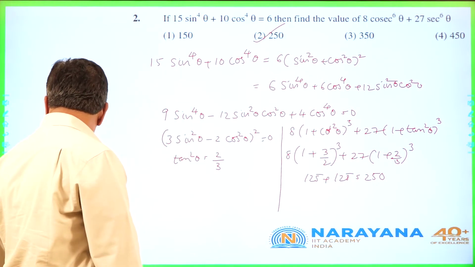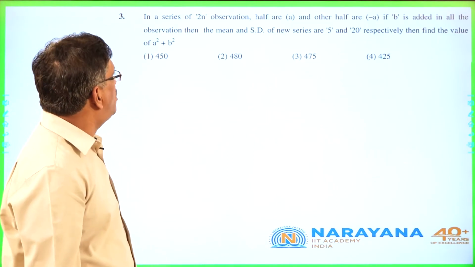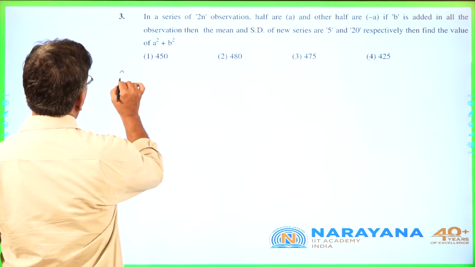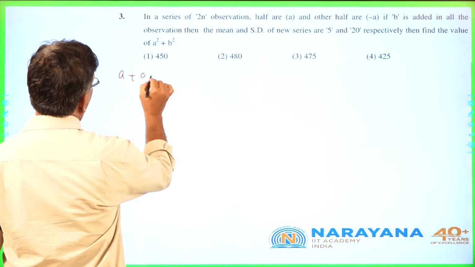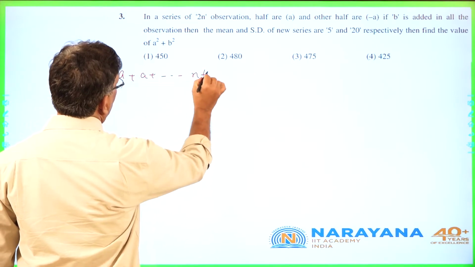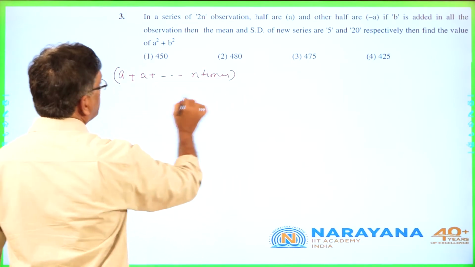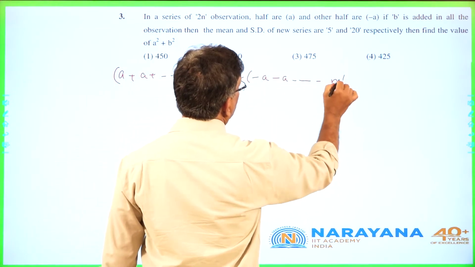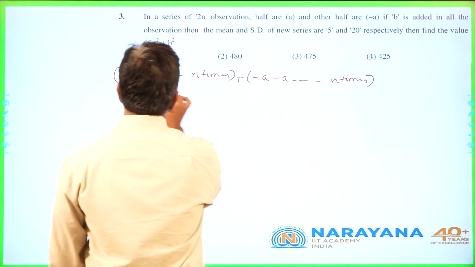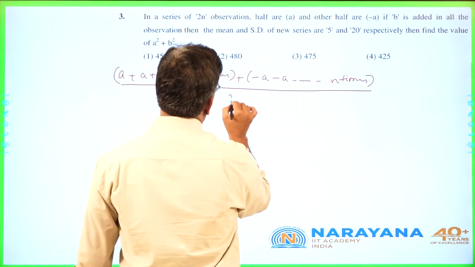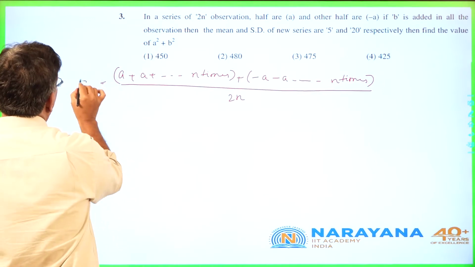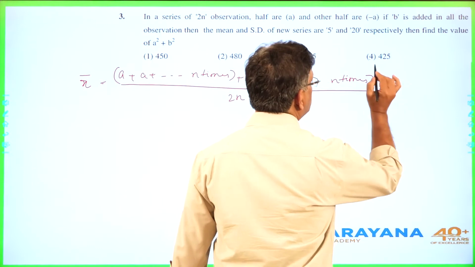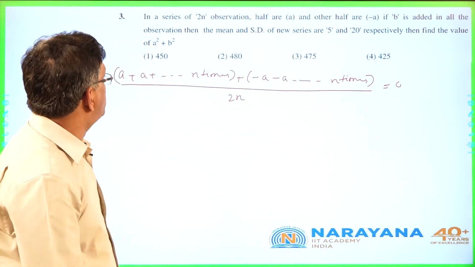Okay, quickly let us go to the third one. In a series of 2n observations, half are A, that is A plus A and so on n times, plus the other half are minus A, so on n times, divided by 2n. This is equal to x bar. So x bar is nothing but 0. Now, he has given some information.